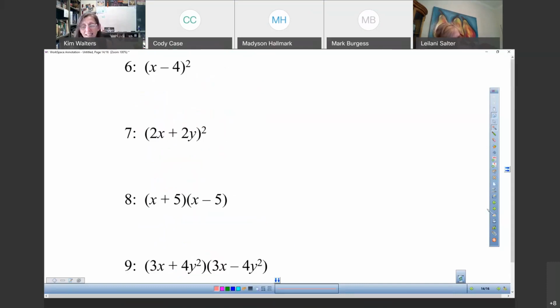All right. So I want you to be super careful with problem number 6 because it doesn't work exactly like the last problems we did where we squared things. When I square something, it means I multiply it by itself. So before you do anything else to this problem, I need you to see this square and rewrite this as x minus 4 times x minus 4.